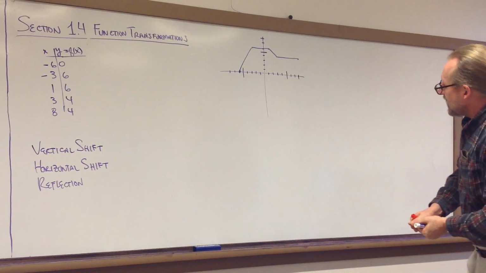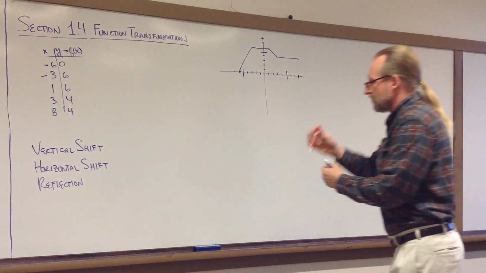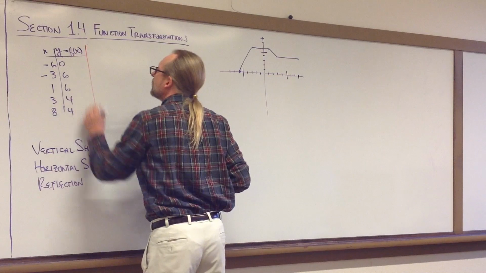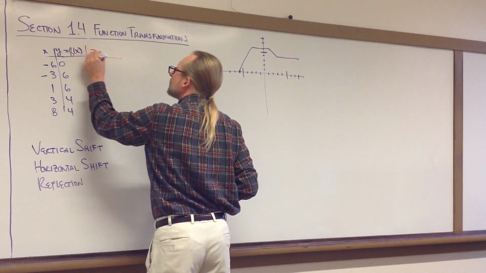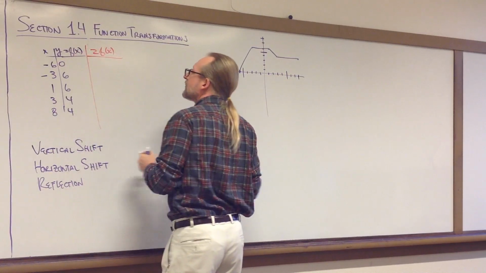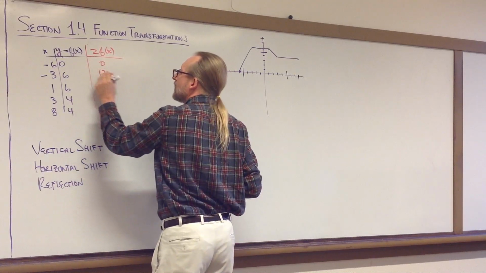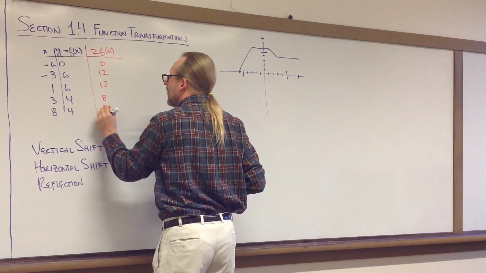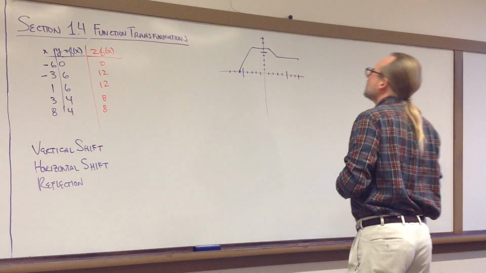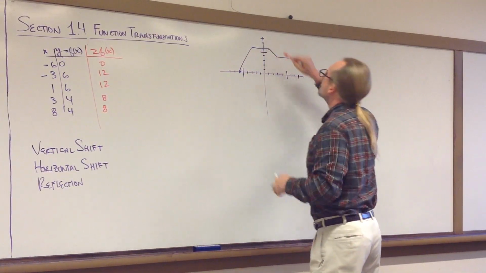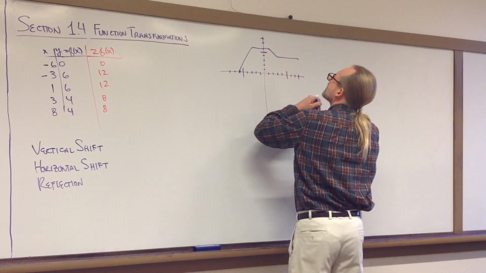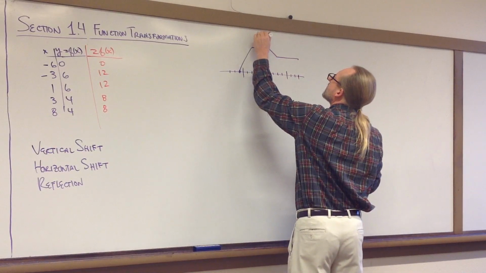Now, let's see here. If we do a vertical stretch or compress, the way to do that is to multiply the function values by 2. Now notice the 0 is going to stay the same, but these will be 12 and those will be 8. Let's see here. 6, 7, 8, 9, 10, 11, 12.